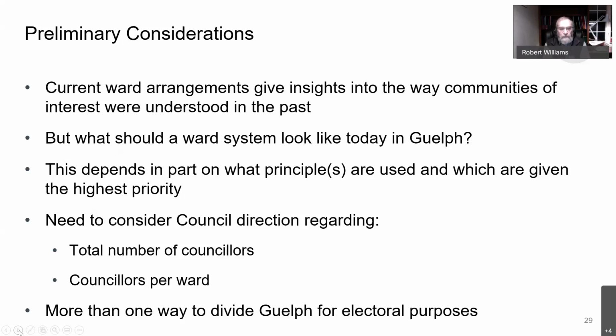Very quick example of that. Are we going to draw boundaries that allow us to reach population parity in 2021? Or, because we know there's growth coming, do we draw boundaries that allow us to grow into that? Those may look somewhat different, but that's part of the choice we're going to make, and we'll be asking people to give us some feedback on that.